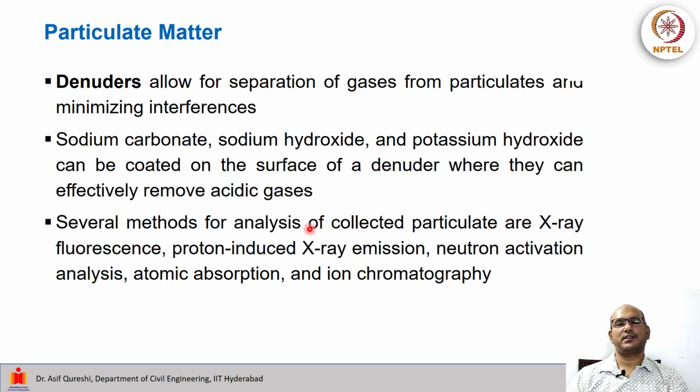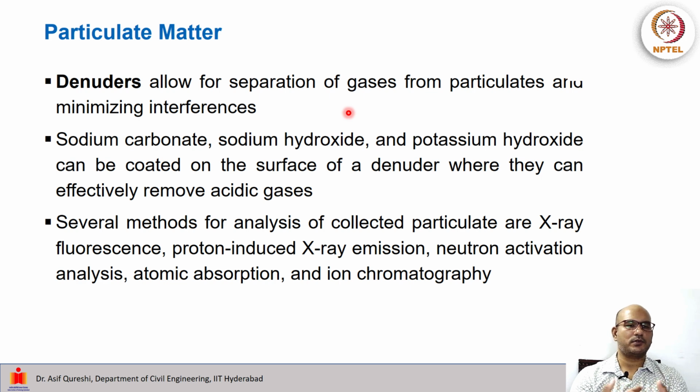Then we have several methods for analysis of collected particulates, such as X-ray fluorescence, proton-induced X-ray emission, neutron activation analysis, absorption and ion chromatography, for analysis of chemicals in the particulate matter itself. So we have to be careful to judge which method we are going to use for which purpose.